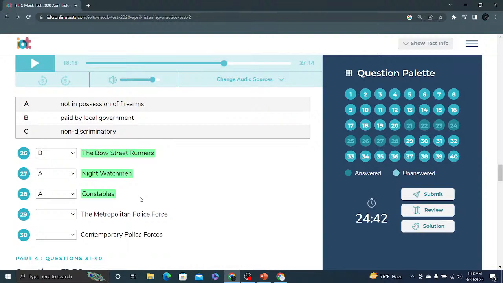Armed with no more than a cane, the watchmen were a poor match for the criminals of the day, as were the constables, who were similarly ill-equipped. So B means non-possession of firearms. Okay, so A will be the answer for questions 27 and 28.